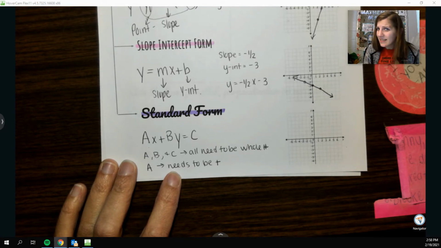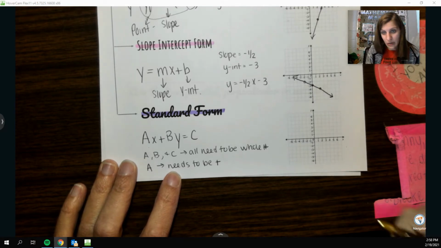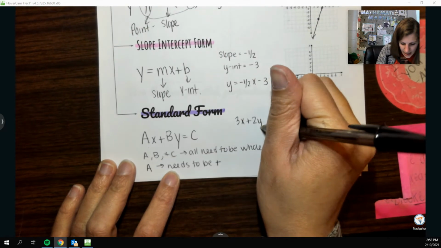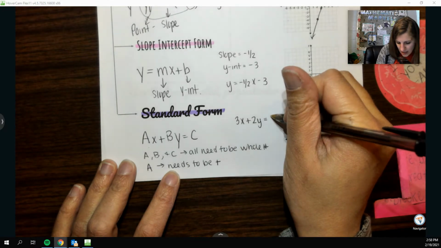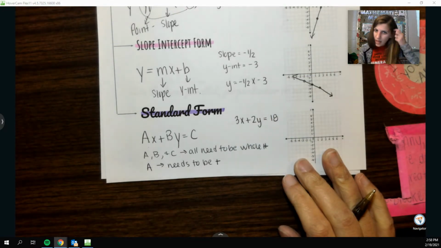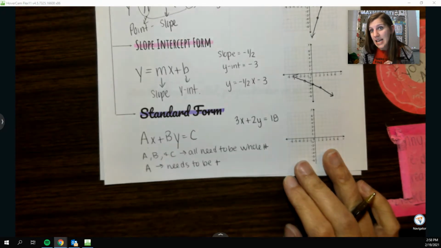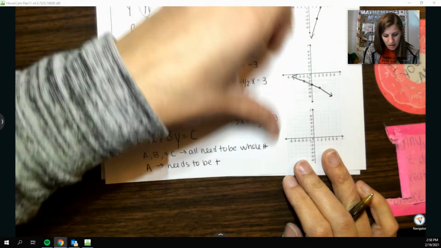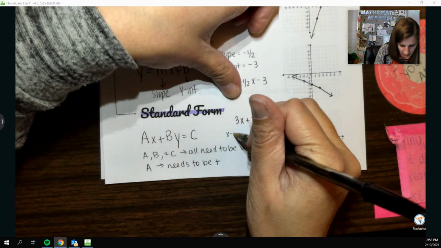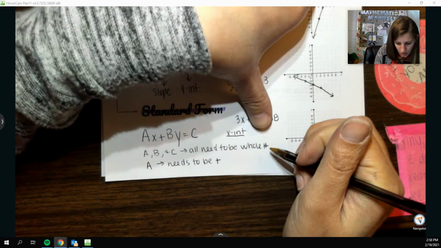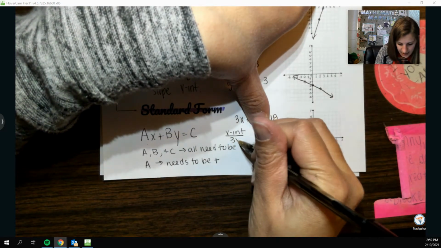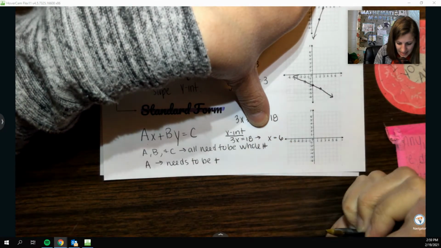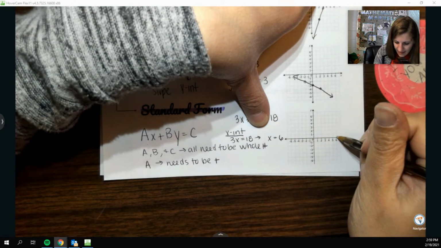But there was kind of an easy way to graph something that was already in standard form. So if I had something like 3x + 2y = 18, I could easily find the x and y intercepts by just ignoring the other letters. So if I wanted to find the x-intercept, I just ignore y, and I have 3x = 18, and if I solve for x, I divide by 3, so x is 6, and I go on the x-axis and plot a 6.